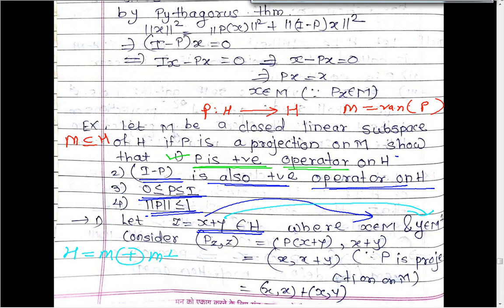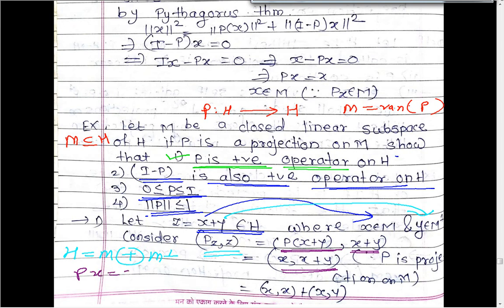With this representation, let us calculate what is inner product of Pz and z. That equals inner product of Px plus y and x plus y. Since Py equals 0, because M perpendicular is null space of P, this gets simplified to inner product of x and x plus y due to two reasons.